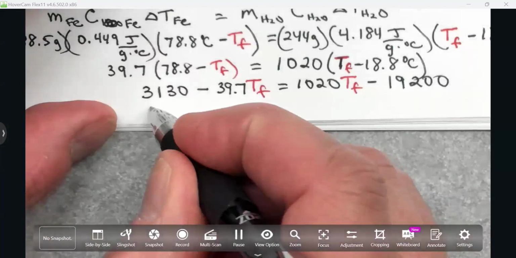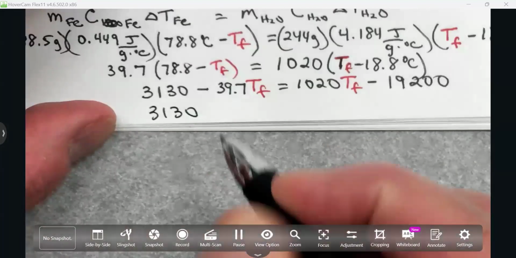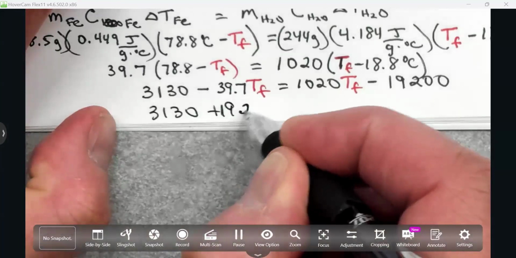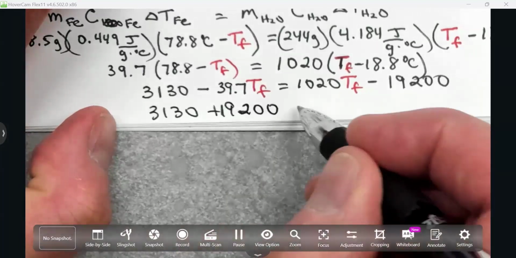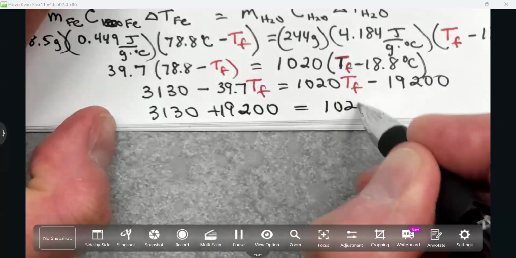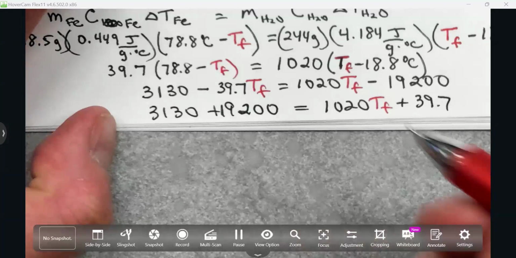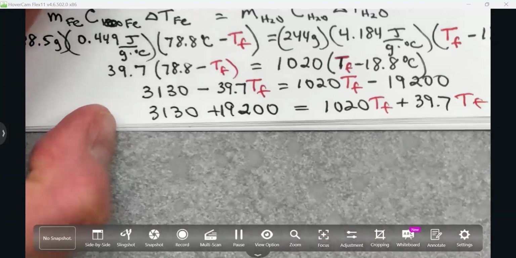So we're going to end up with 3130 plus 19,200 equals 1020 T final plus 39.7 T final.